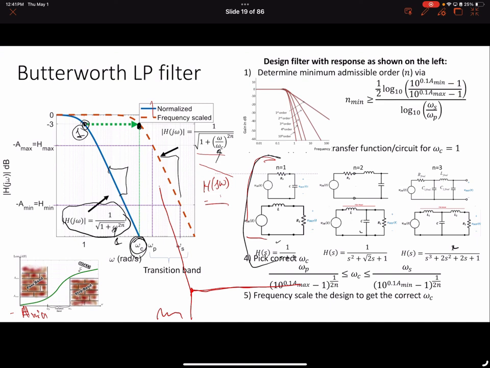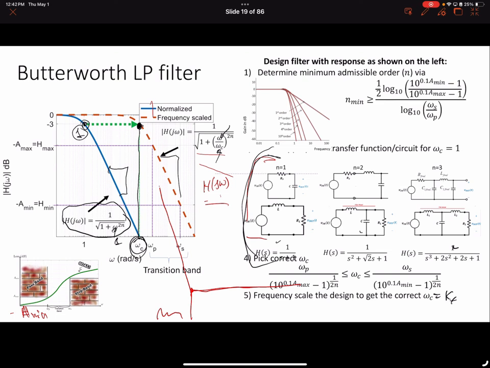And now when I plug in omega c for omega, I'm going to get 1 plus 1 in the denominator. So I'm going to get 1 over the square root of 2, which is also known as the new cutoff frequency. So what I'm going to do to this design is frequency scale it by a kf equal to omega c.